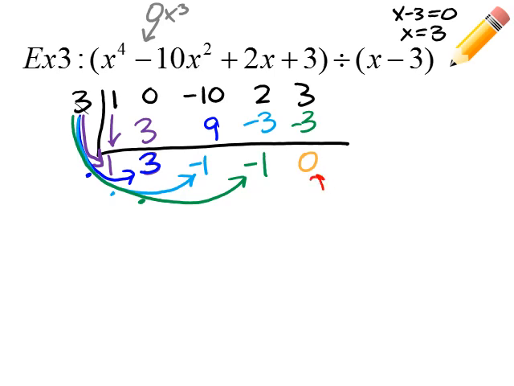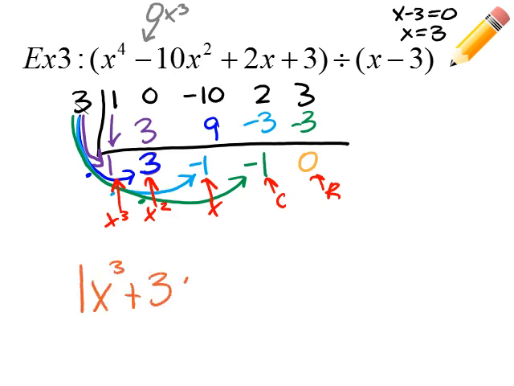Again, if I label, I have my remainder, I have my constant, I have my x coefficient, my x squared coefficient, and in this case, an x cubed coefficient. So if I write out my quotient, I have a 1x cubed plus a 3x squared minus a 1x minus a 1.